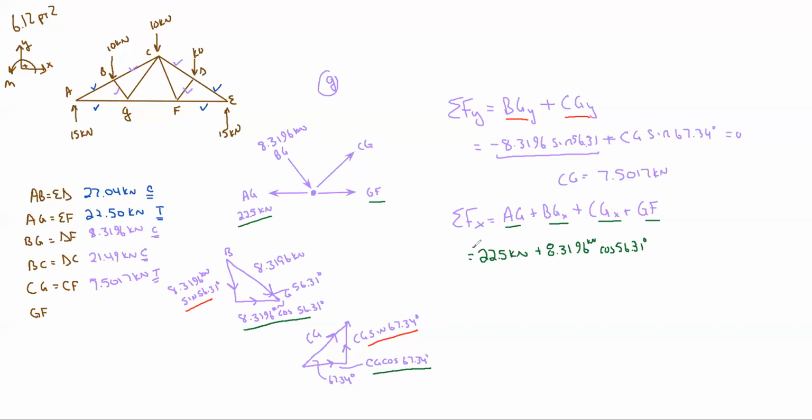You are correct, AG should be negative. Thank you. BGX is positive. I have CGX in the positive direction, and I have GF in the positive direction. And we actually know CG, so we can put that in.